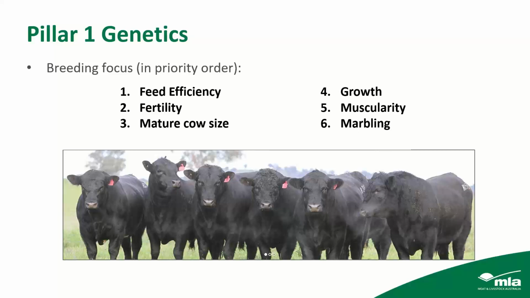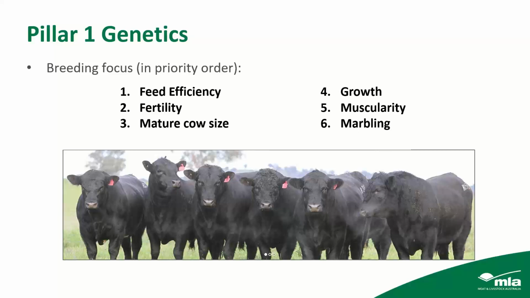And these things here are very well understood as huge factors that are profit drivers to commercial profitability. Now, I have the mature cow size, which wouldn't normally be in there, but we're talking about carbon, and I have to put that one in there as a factor that really has the ability to shift carbon output or methane output and also profitability.